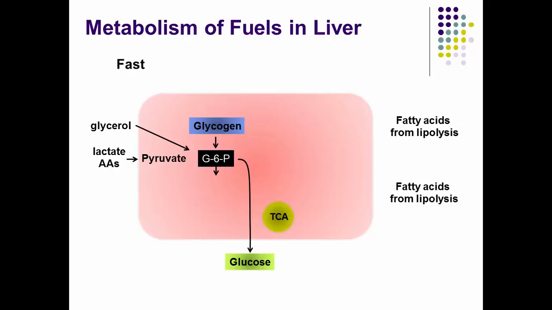So glycerol, lactate, or other glucogenic amino acids can be utilized for making glucose. And again, the glucose only goes through partial oxidation, right, to produce lactate, which is converted back to pyruvate.